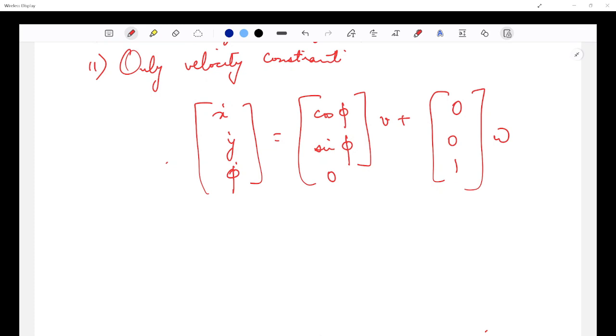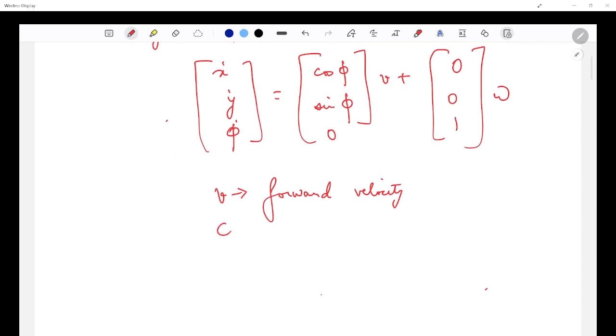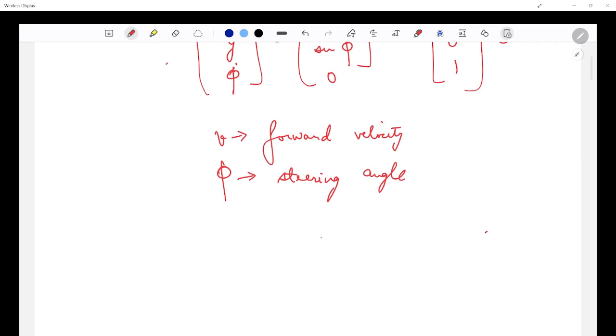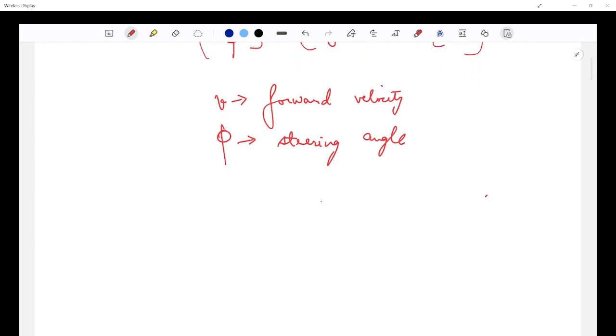We have written phi dot is equal to omega, where v is the forward velocity and phi is the steering angle. Right. So let's talk about the constraints on the rear wheel and front wheel.